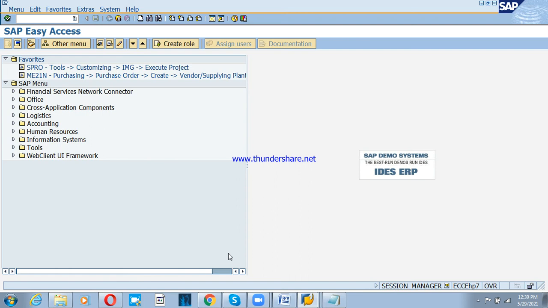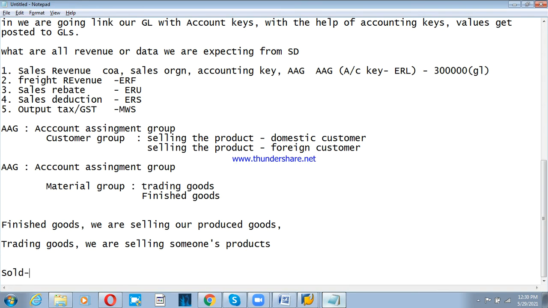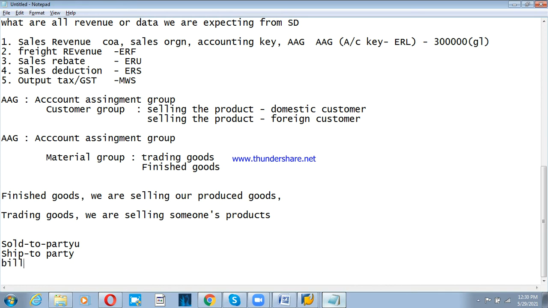Partner determination means in customer we are having different partner functions, like sold to party, then ship to party, then bill to party, then payer. So these are the partners in customer, right?